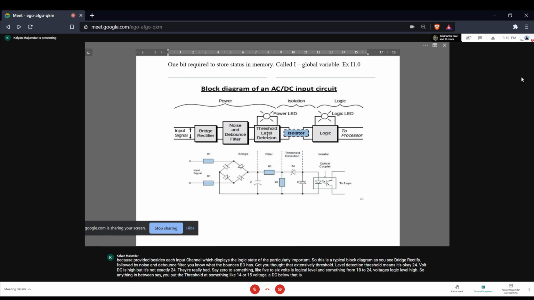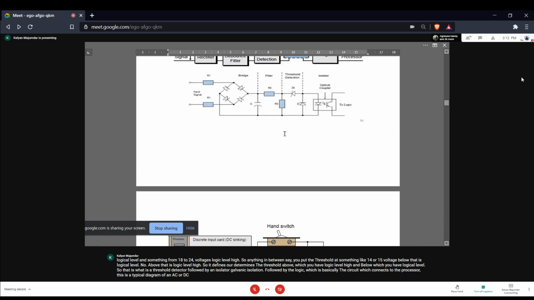Below that is logic level low, above that is logic level high. So the threshold detector determines the level above which you have logic level high and below which you have logic level low. That is followed by an isolator, galvanic isolation, followed by the logic, which is basically the circuit which connects to the processor. This is a typical diagram of an AC or DC input interface.